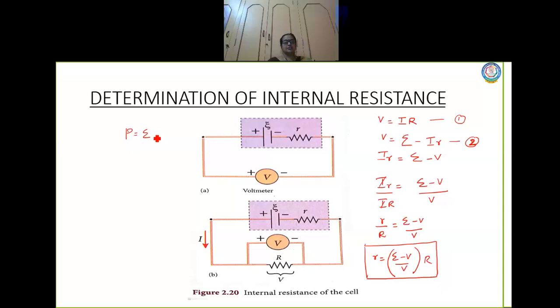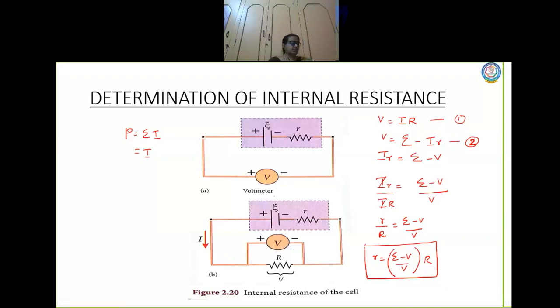So power is psi into I. Now from this equation I can get the value of psi to be V plus Ir. Bring psi to the left side and take V to the right side, and when I change the sign, I have psi equal to V plus Ir.